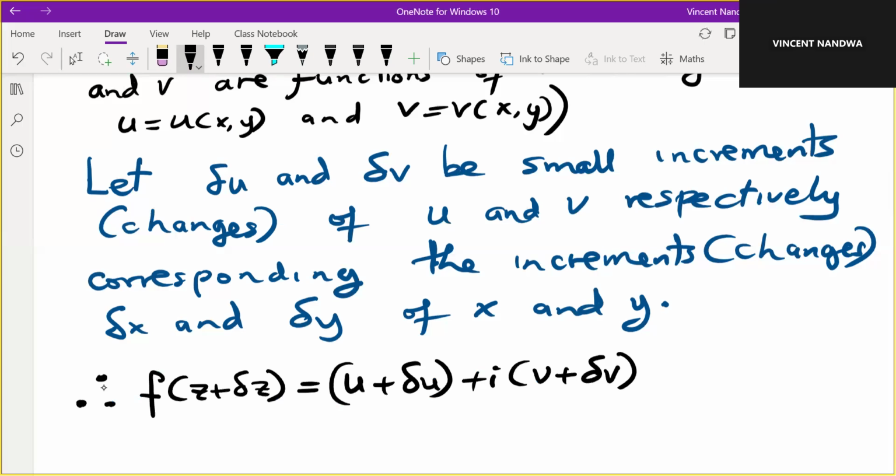So that should make sense from the structure of f of z. f of z is given by u plus iv. So when I introduce a small change in z, then I'll have both a small change in u and a small change in v.